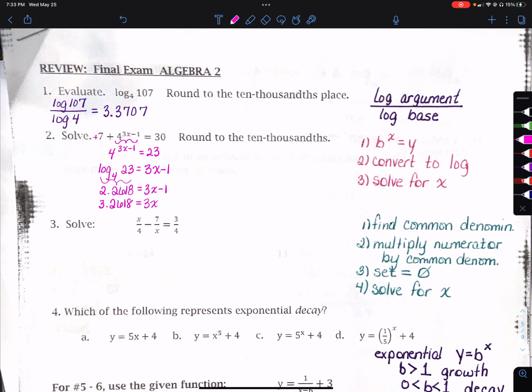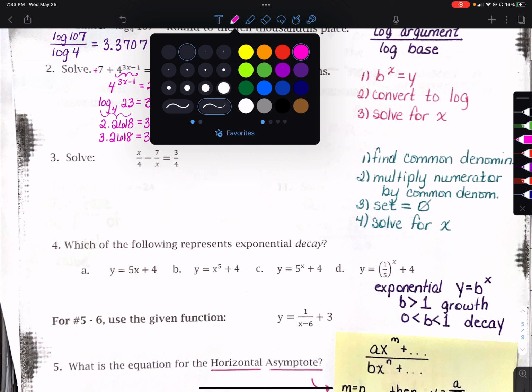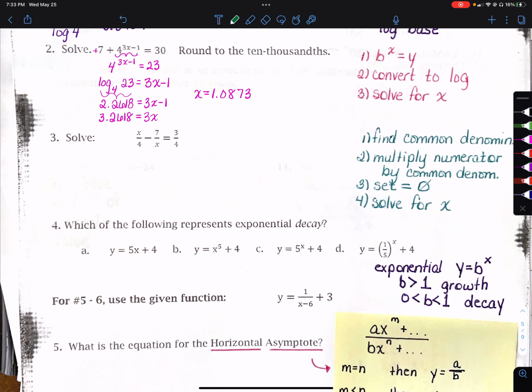Okay, so now that we have that, the last step is to divide by 3. This is where we are actually solving for x, so that we will get x is equal to 1.0873, or 1 and 873 10,000ths. All right, so that is that next one for number 2. So you've got to convert that exponential into a log so that we can get that variable out of the exponent.